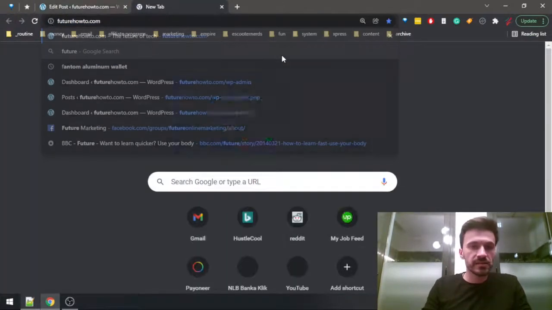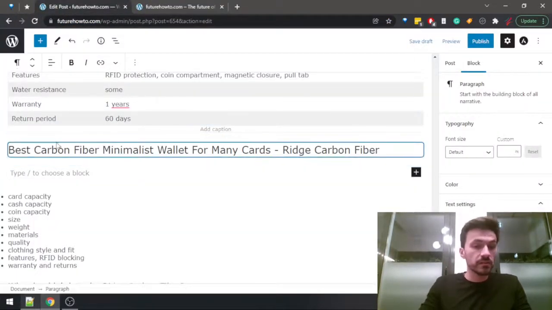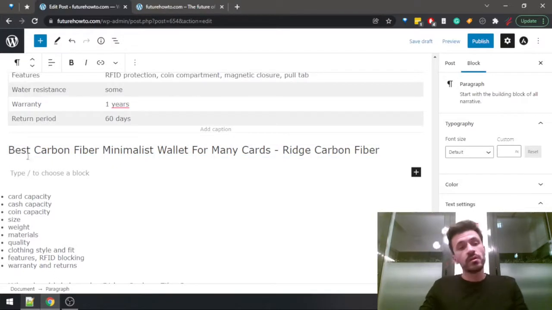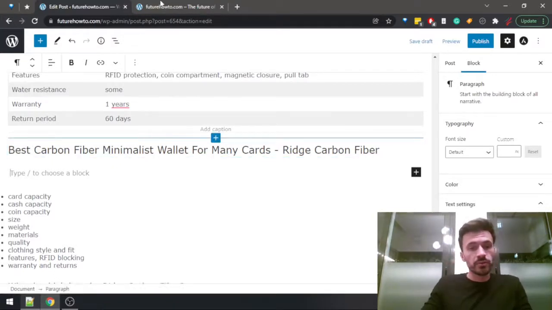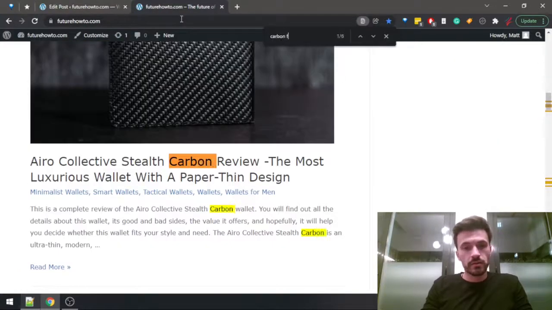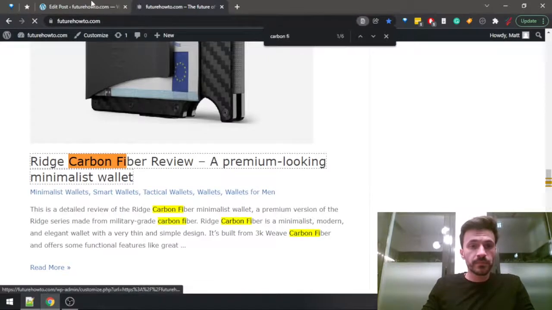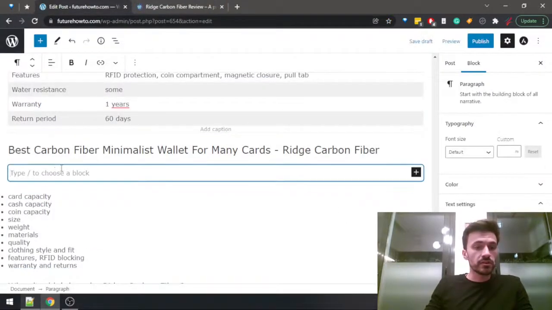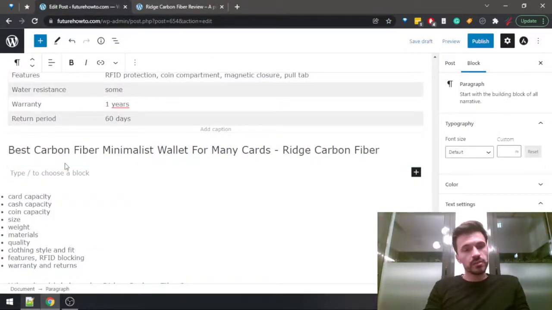So let's see now. As usual, we're gonna continue looking at the individual reviews that are already posted on the blog. So this one is for Ridge Carbon Fiber. As usual, I'm gonna start with one sentence here.